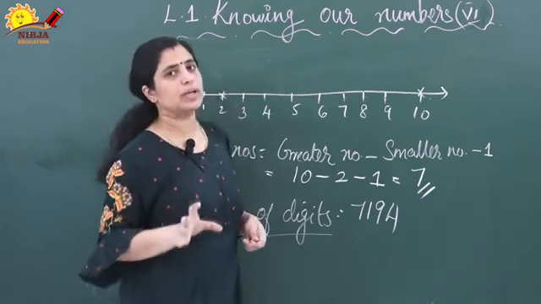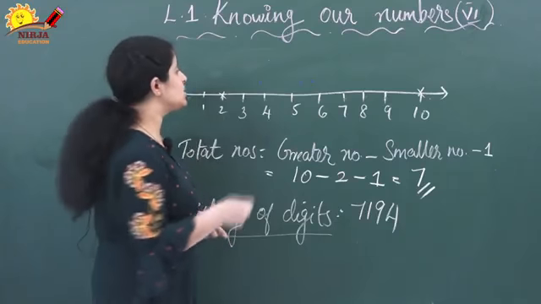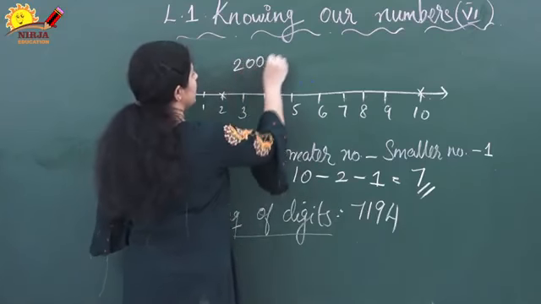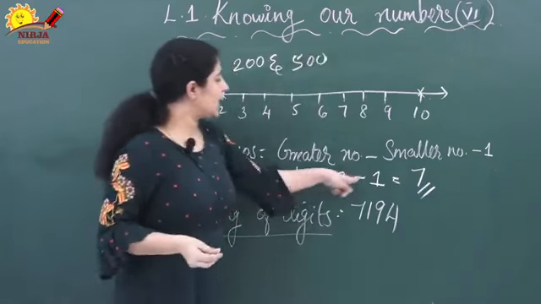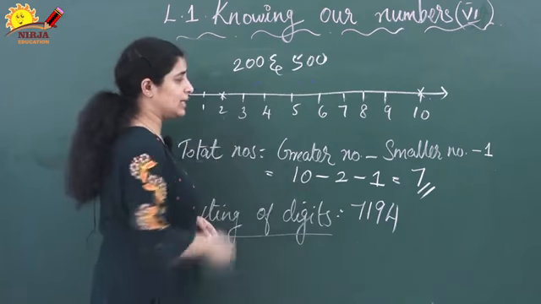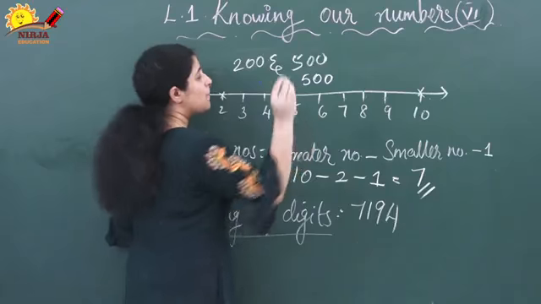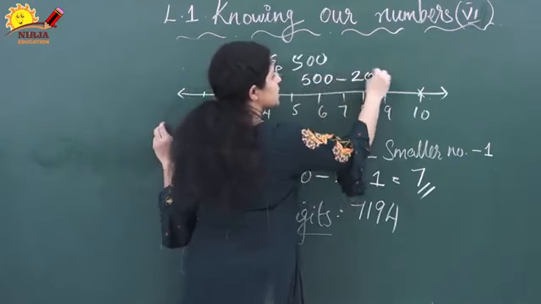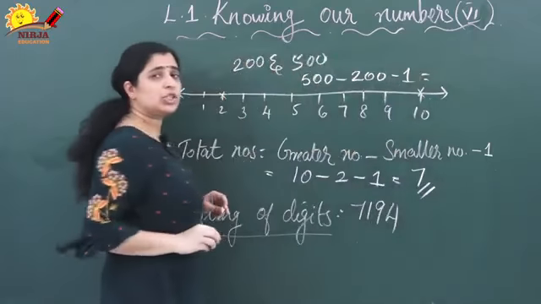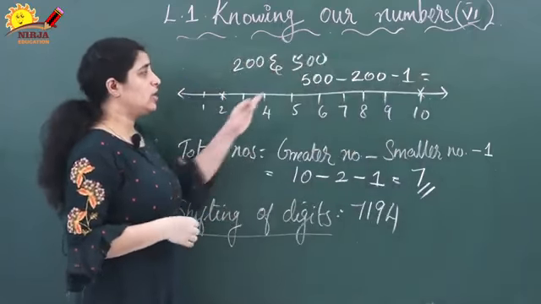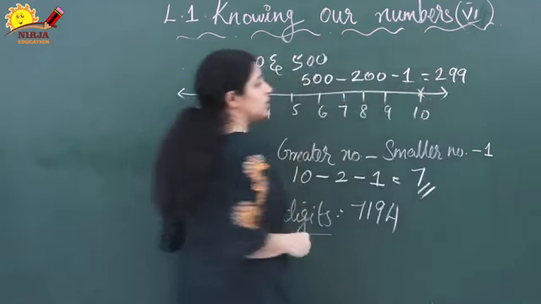But this is the smaller one. I told you the number line is very small. Suppose they are asking you to find the numbers in between 200 and 500. How can you calculate? You can calculate by this same method, you can apply this one. So 500, the greater number, minus the smaller number, that is 200, minus 1. 500 minus 200 is 300. 300 minus 1 is 299.